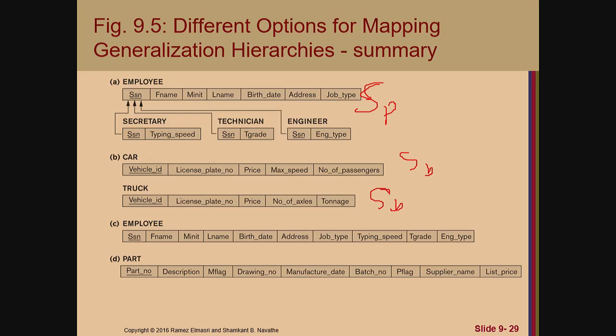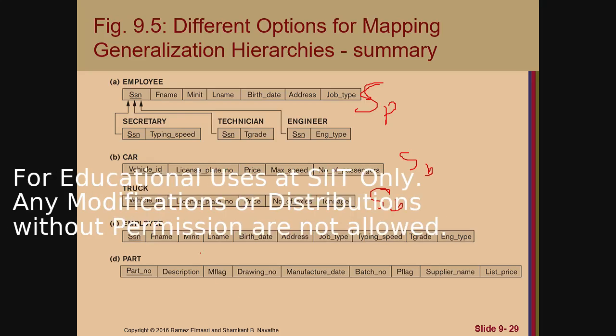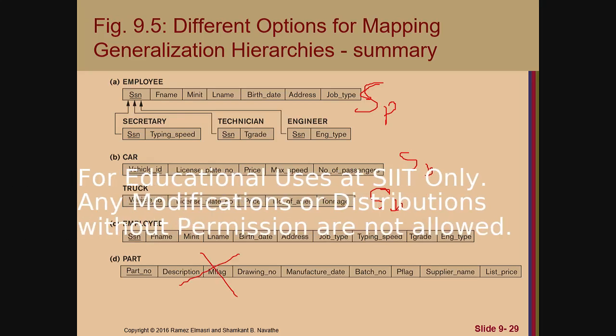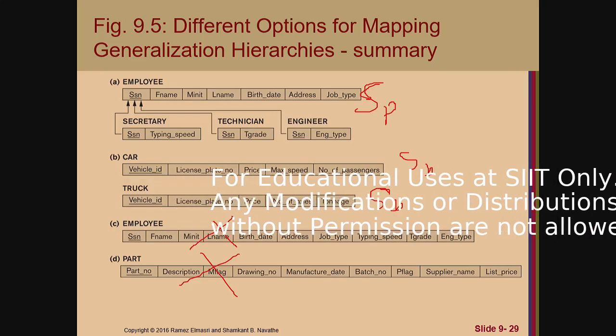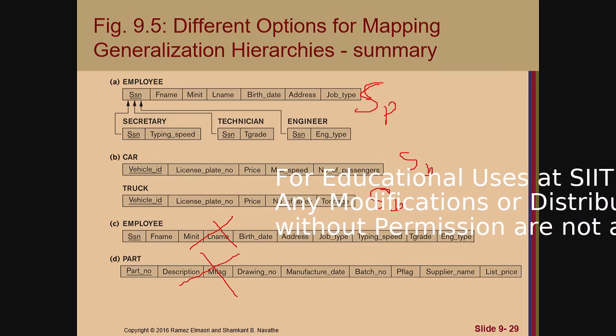Attribute of the ER diagram that you can use, which technique. If the ER diagram is not total participation, you cannot use D. You cannot use C. It's too much null value.